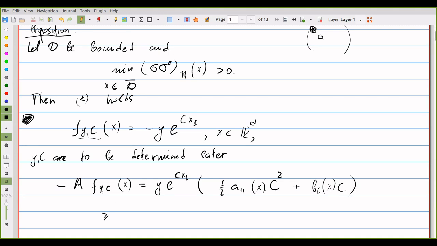Now this is greater than cy. Oh, that just equals. Let's write it firstly like this: c plus b_1(x). Now also assume here that the coefficients are continuous.